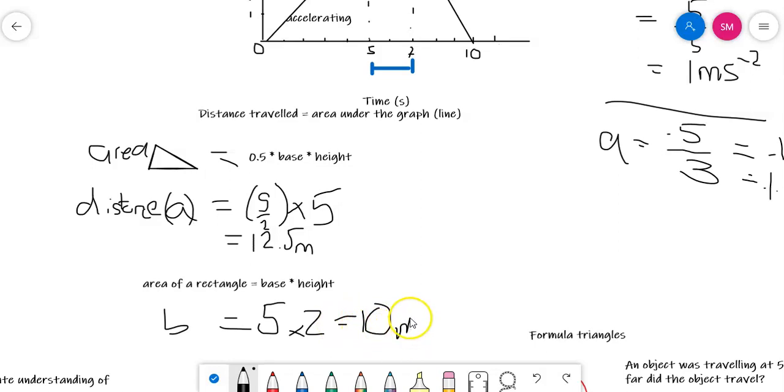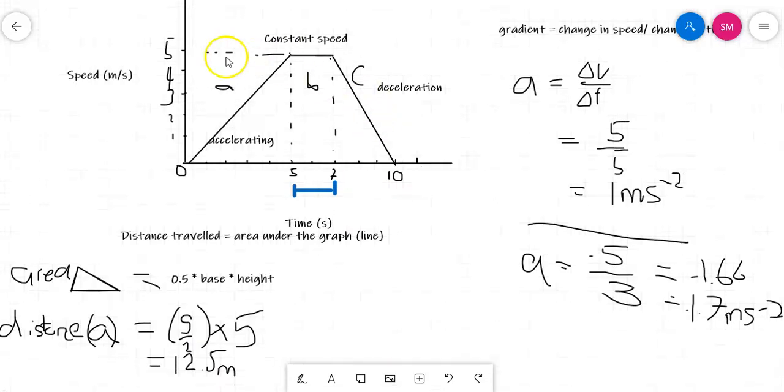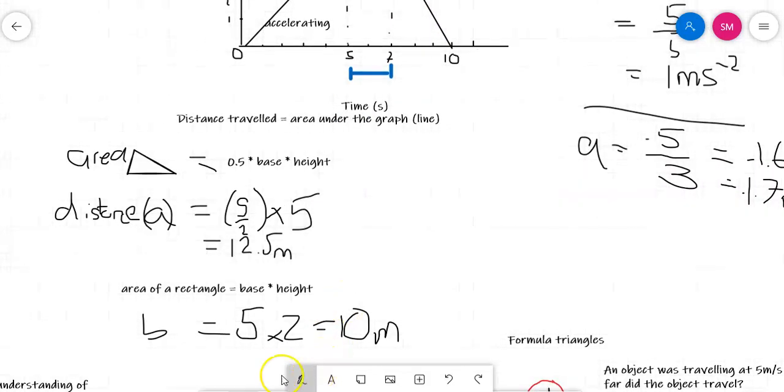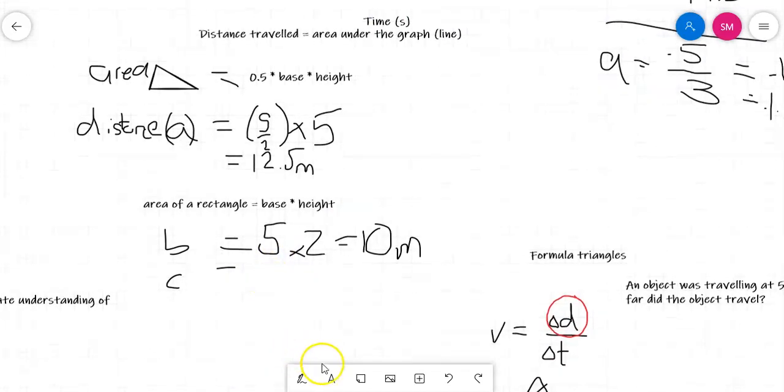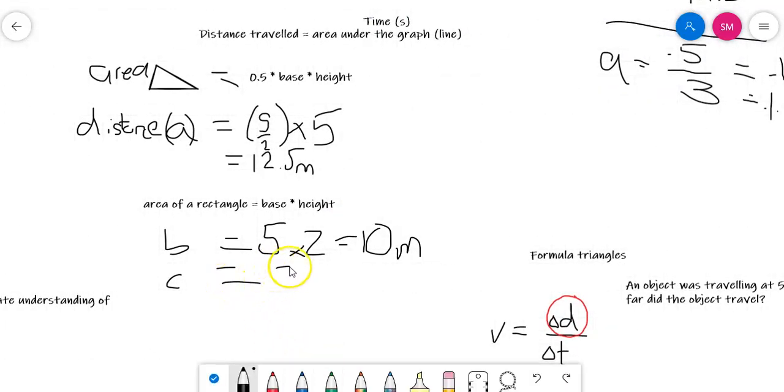10 meters for section B, and then section C, going half base again, so half of 3 times the height, 5. Half of 3 is 1.5, so the distance traveled for this part would be 7.5 meters.